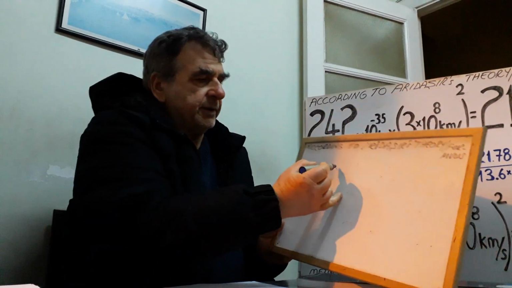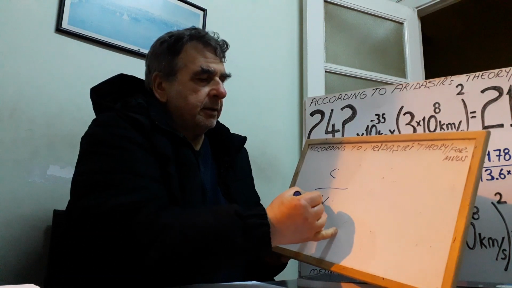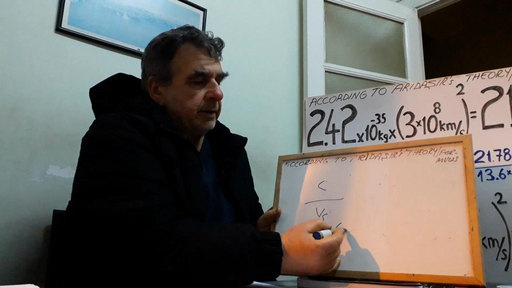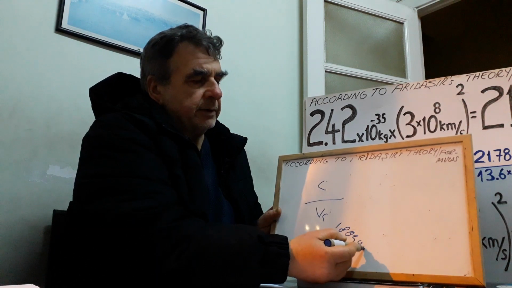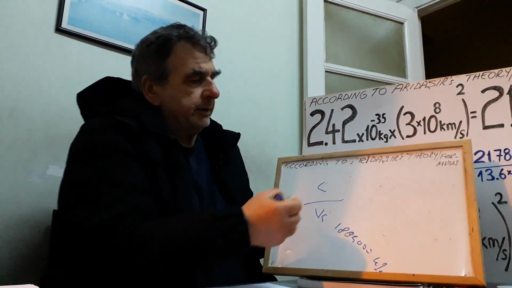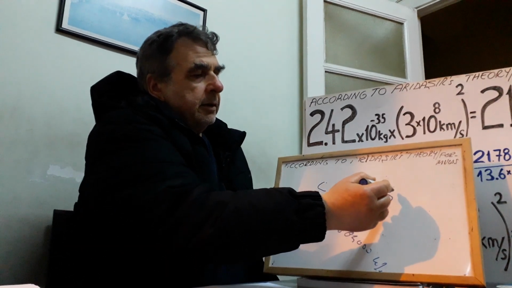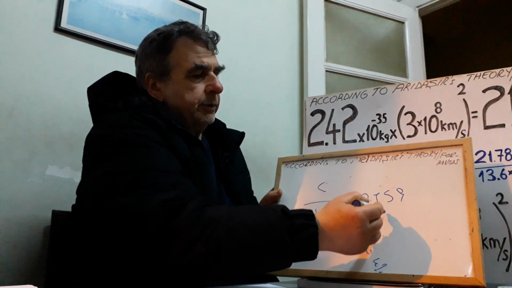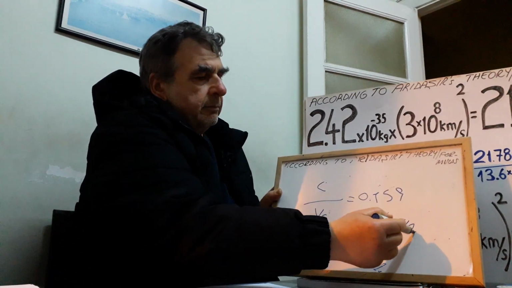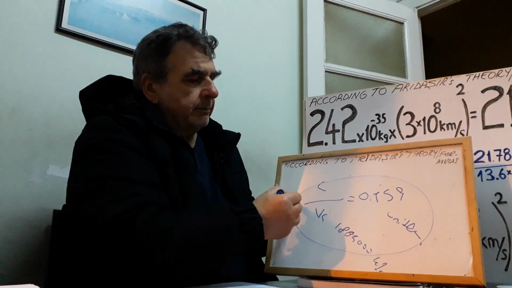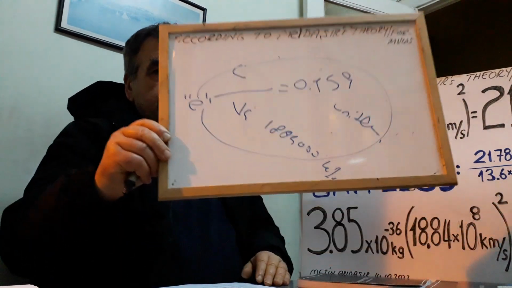Mainly C divided by linear velocity of electron motion form, 1,884,000 km per second, is equal to 0.159 unitless. Okay, this is E.